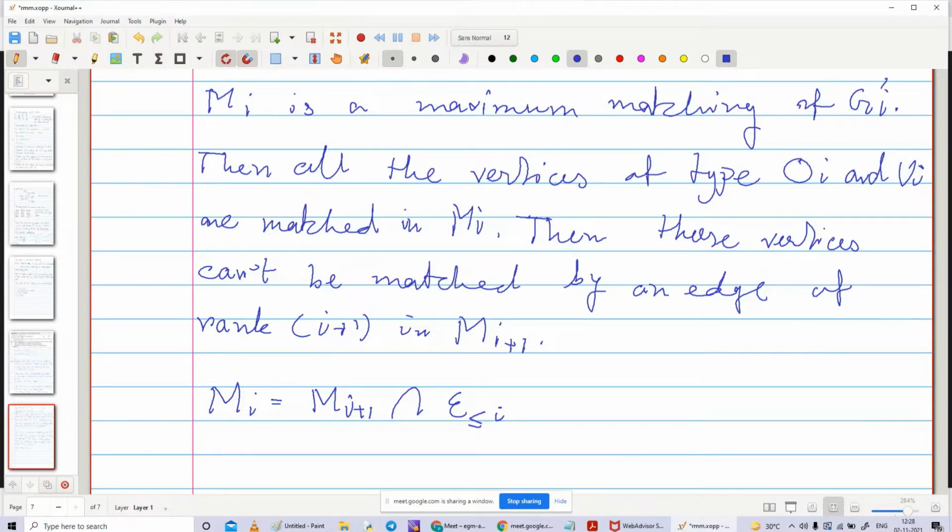So those Oi and Ui type vertices cannot be incident to an edge of rank i plus 1 in Mi plus 1.